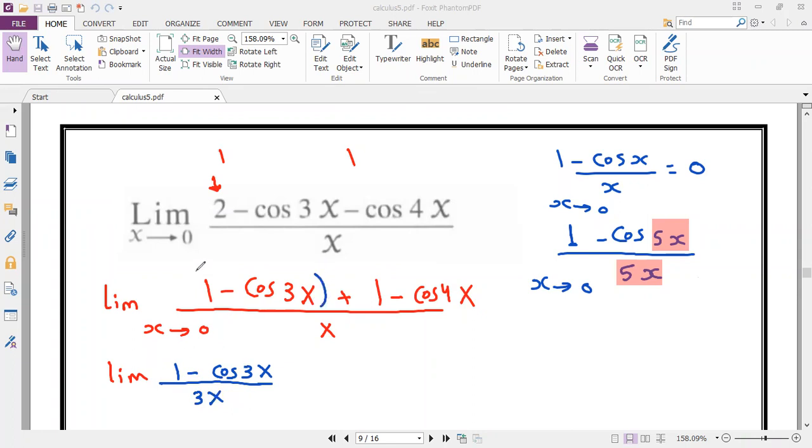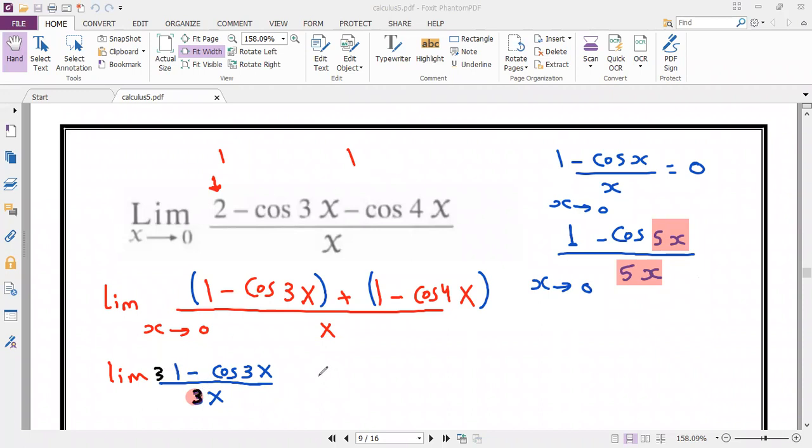To balance it, I multiply by 3 at the top and 3 at the bottom.